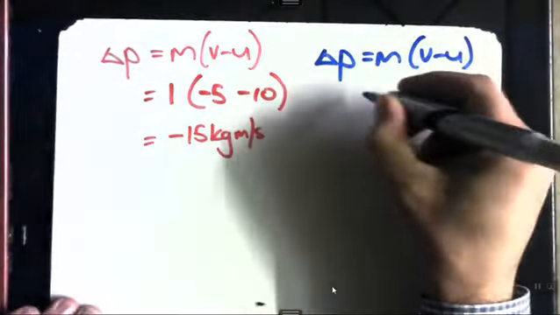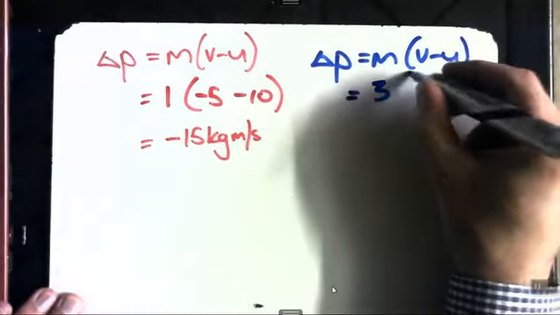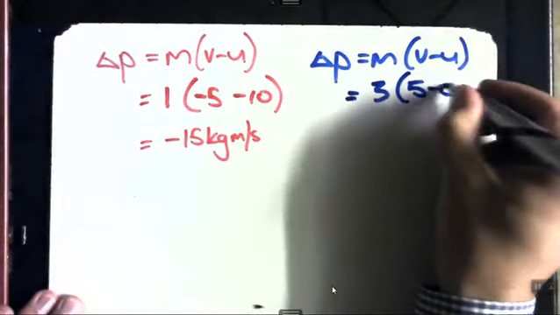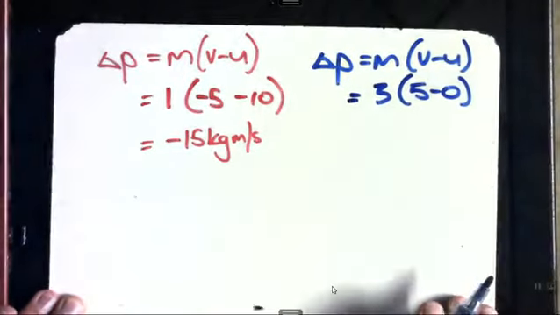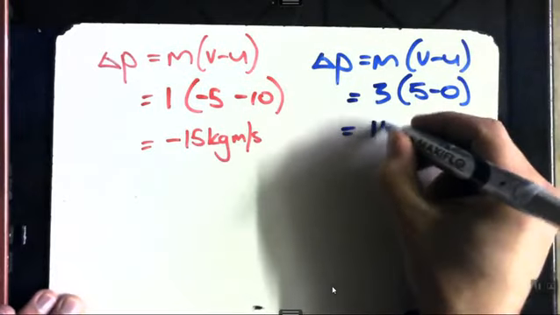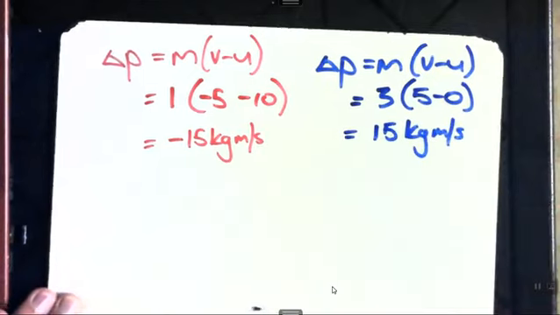The blue one had a different mass. It had a mass of 3. It ended with a positive velocity of 5 minus an initial velocity of 0. Okay, and if we multiply that, we get a positive 15 kilogram meters per second.